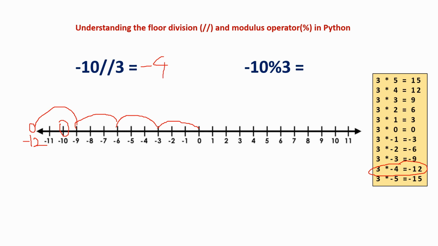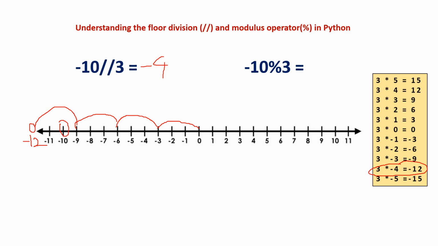Now what will be the modulus? Again, the modulus is the same, the way I have explained in the last slide. Minus 10 is the actual dividend. To reach minus 10, what has to be added to minus 12, right? This is one. Or what has to be subtracted from minus 10 to get minus 12.